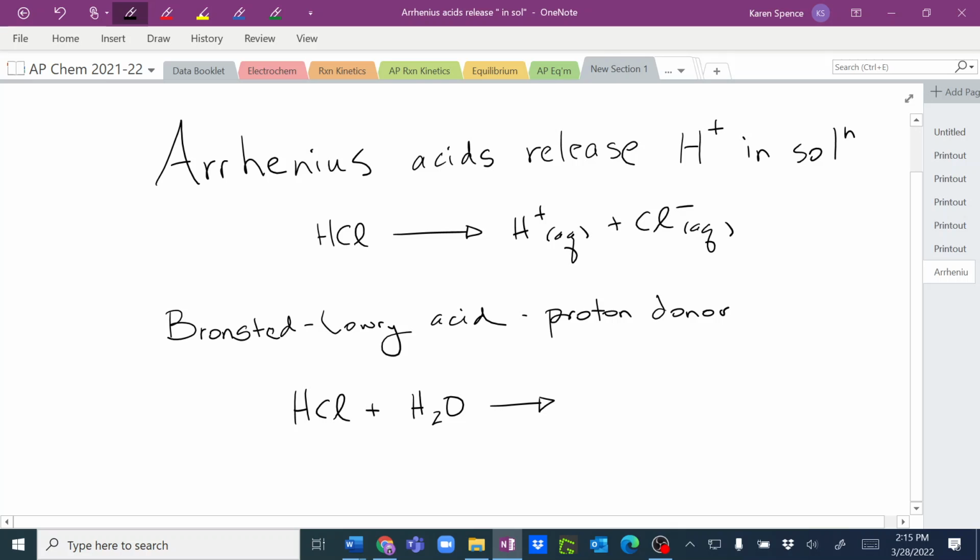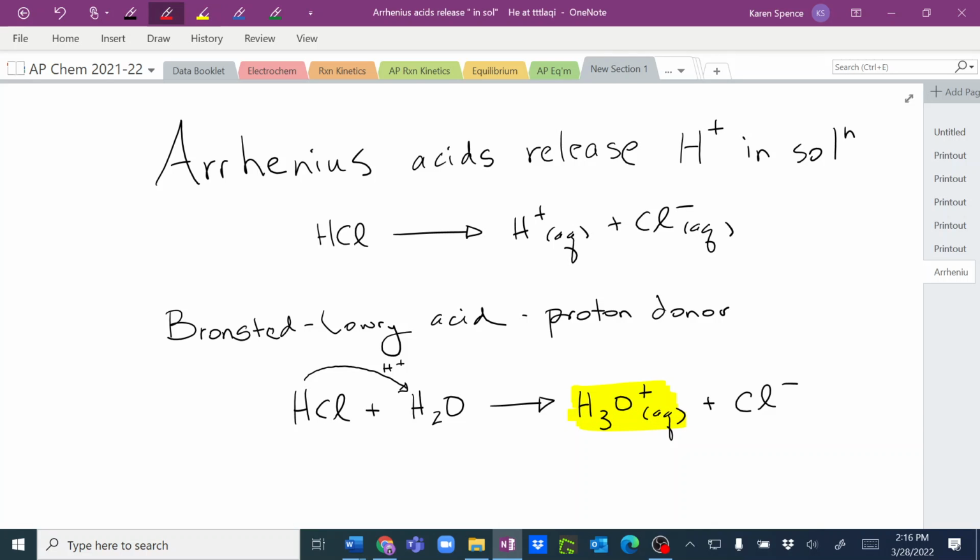Goes to, now, what do we end up with here? H3O plus and Cl minus. Yes? Did you learn the name of this ion? That is the hydronium ion.